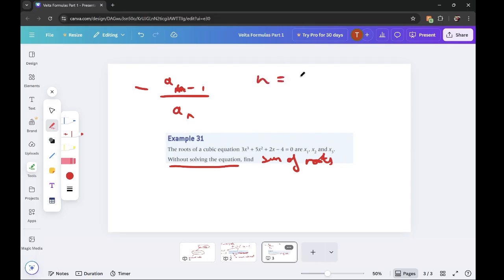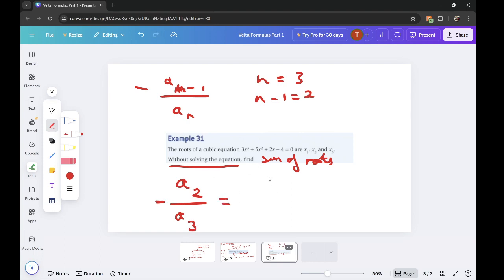So how are we going to do that? We know our n is going to be 3. So n minus 1 is going to be 2. Now we look at the constant: a_2 over a_3, because n doesn't change here. There's nothing happening to n over here. So a_2 over a_3, what does that equate to?